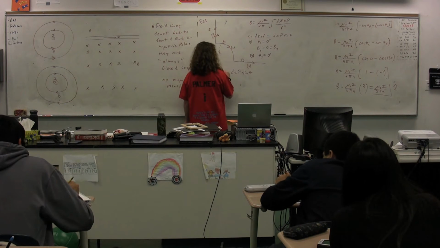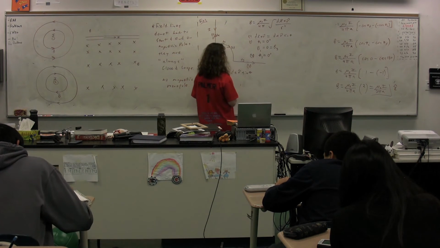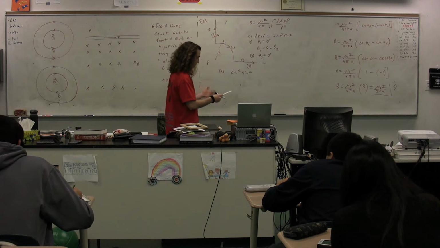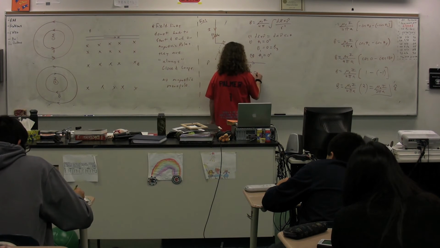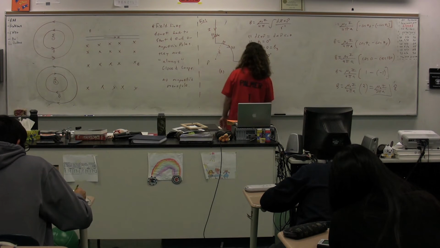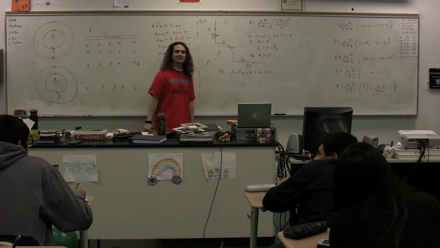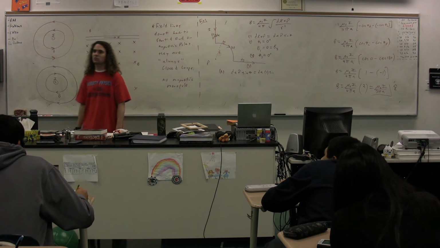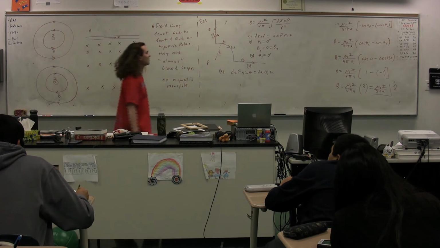For wire 2, well, ds, again, we have r as just unit vector. And what is then the angle between ds and r for wire 2, Tyler? 90 degrees.